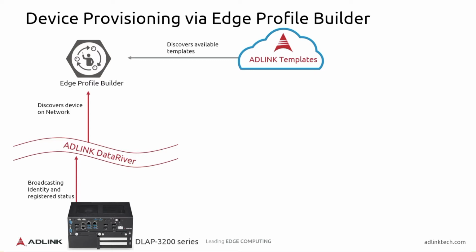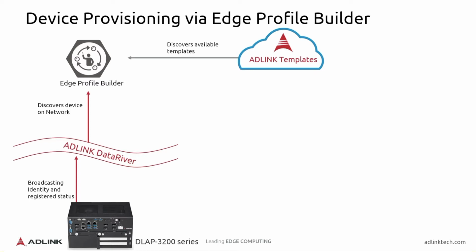We've got templates that have AI tooling in them. And one of the templates I'm going to show you today is actually one that I've downloaded locally and configured my DeepStream app.